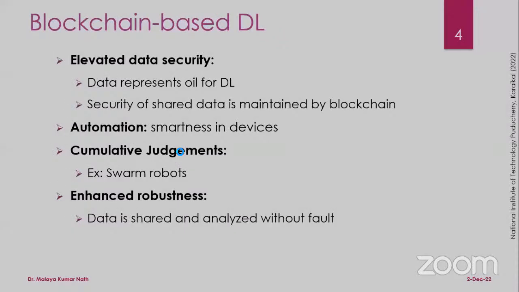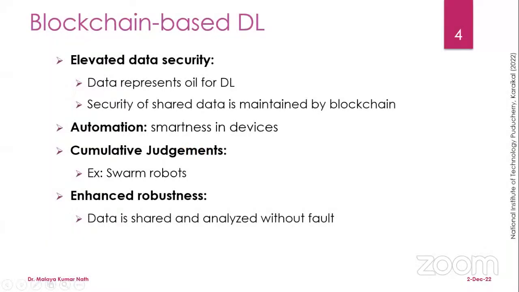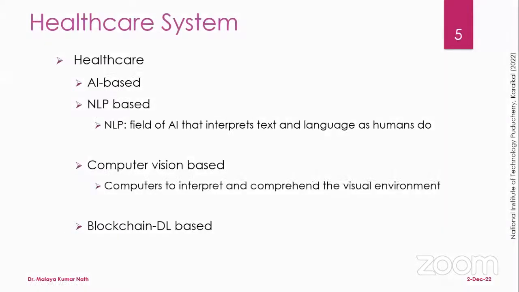If we look into healthcare systems, they use different models and different ways of helping patients with diagnosis, prediction of disease, suggestion of drugs, etc. Some of the systems used in healthcare are AI systems and natural language processing, which is a subset of AI that interprets text and language as humans do, such that it can be represented and stored in a computer.